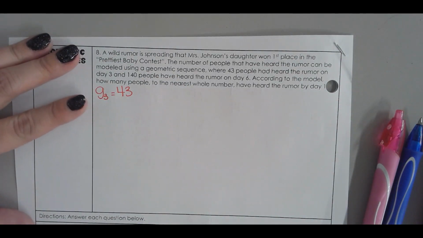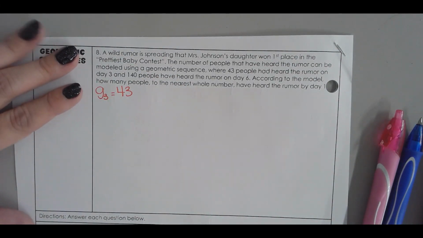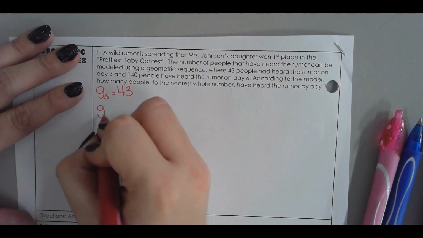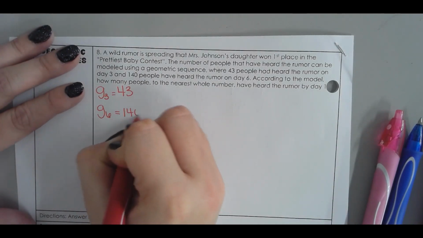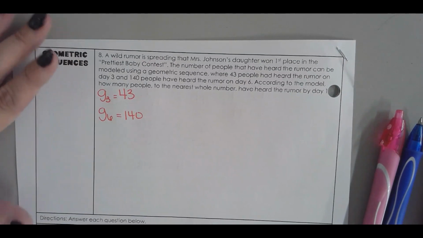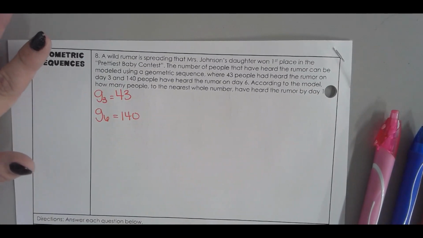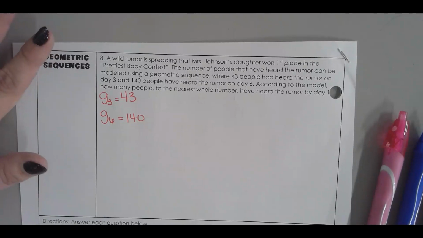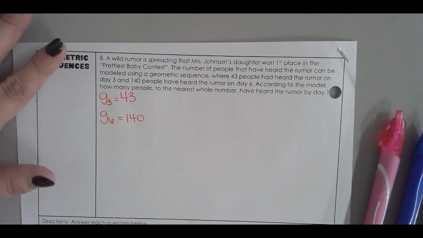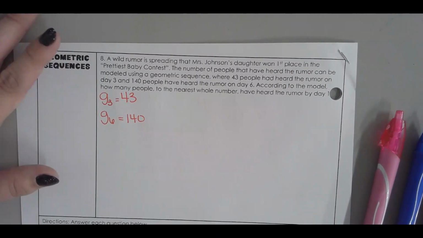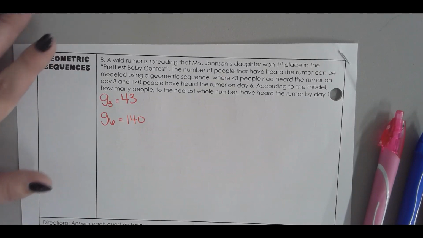And 140 people have heard the rumor on day 6. So G6 is 140. According to the model, how many people to the nearest whole number, we don't have half of people, have heard the rumor by day 10. I think that's day 10.